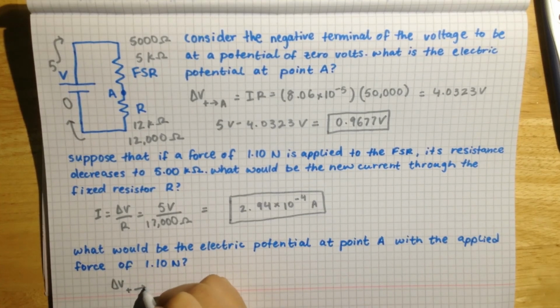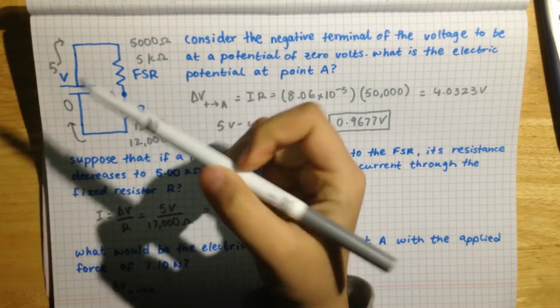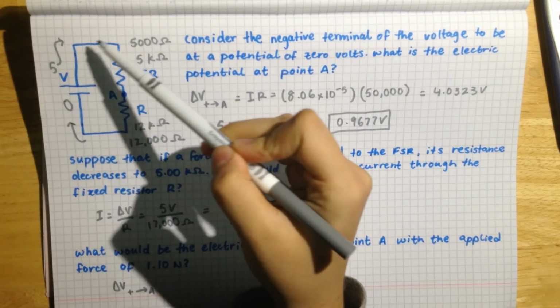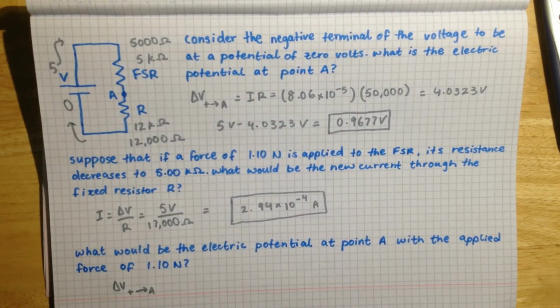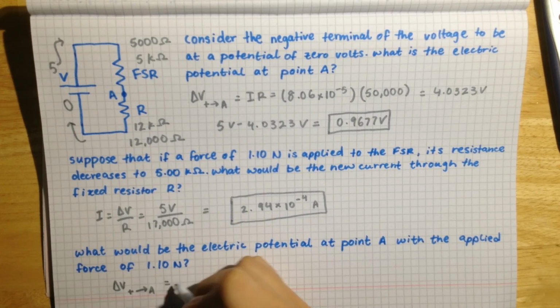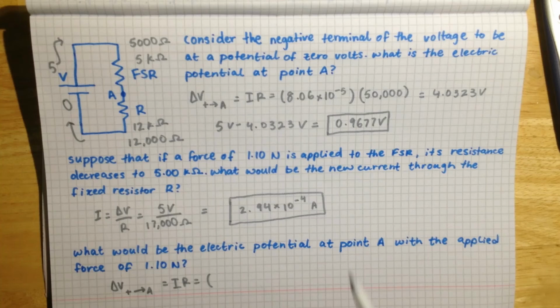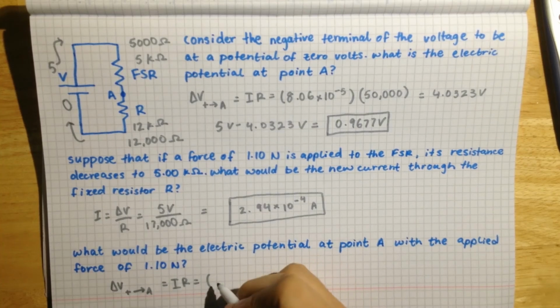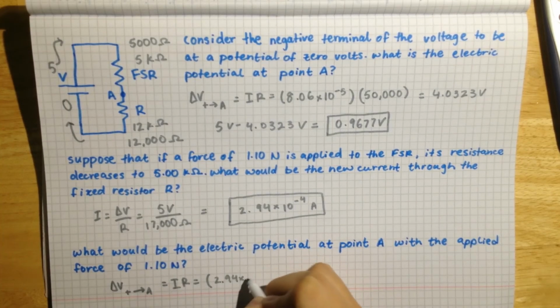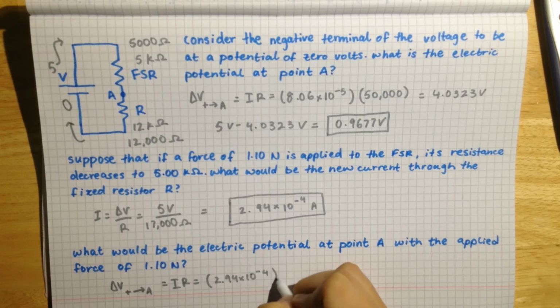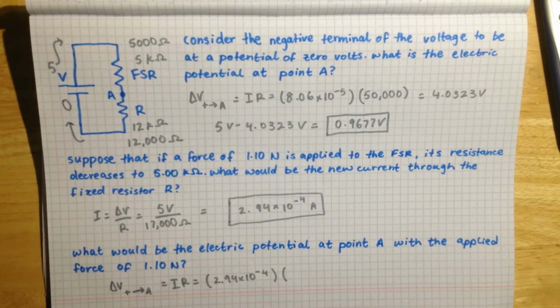The delta V from when it first enters from the positive terminal to point A. This is going to be I times R. For I, we use our new current, 2.94 times 10 to the negative 4th amps, and the resistance is 5,000 ohms.